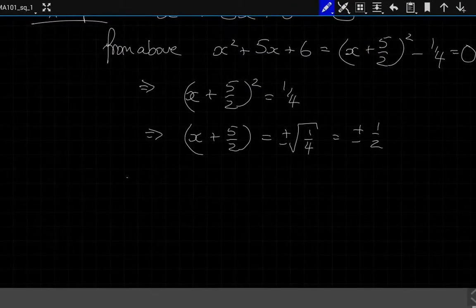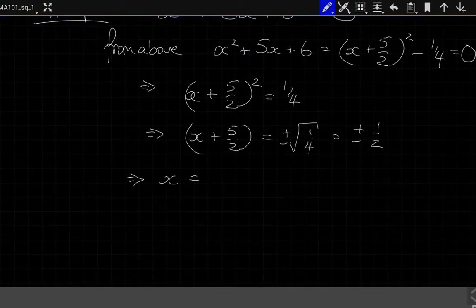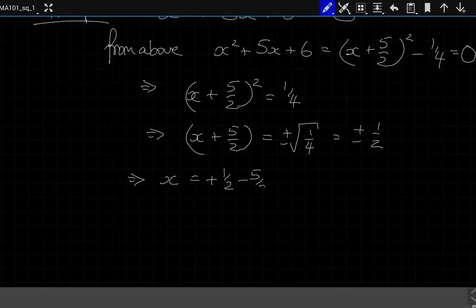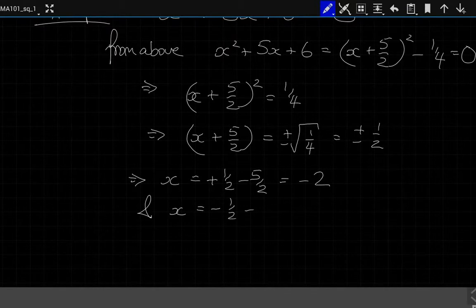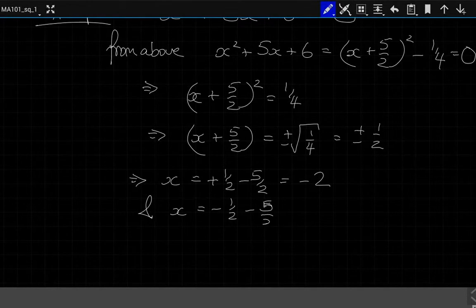Then I take the 5 over 2 to the other side. Means that x is plus 1/2 minus 5 over 2, which is minus 2. And the other solution, x equals minus 1/2 minus 5 over 2, which is minus 3.